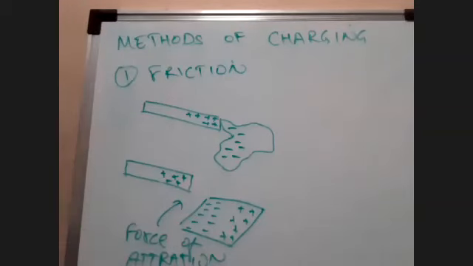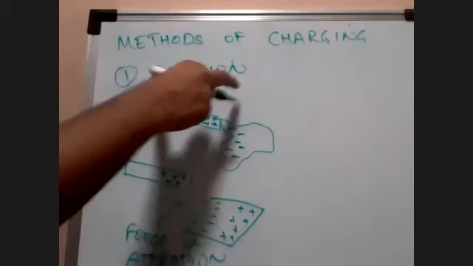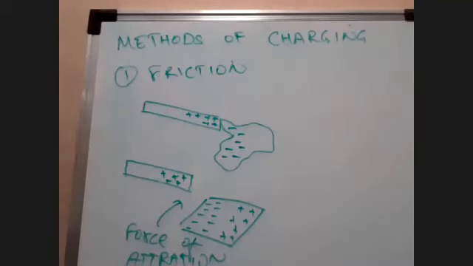So this is simply by means of friction. Just imagine when you take two objects and rub them against each other, there is a flow of electrons and protons.